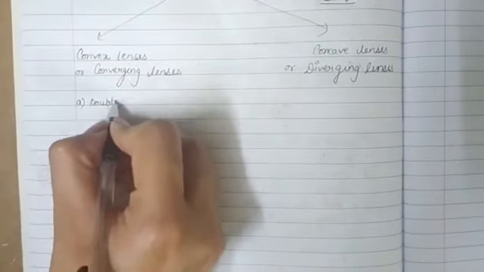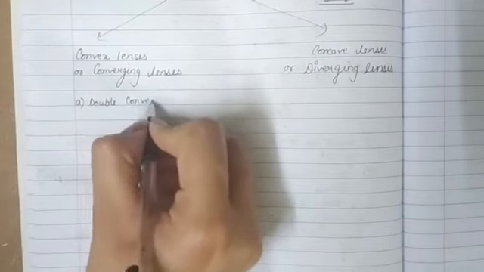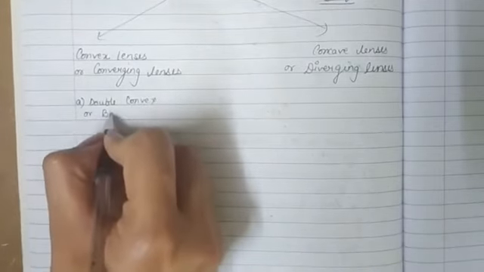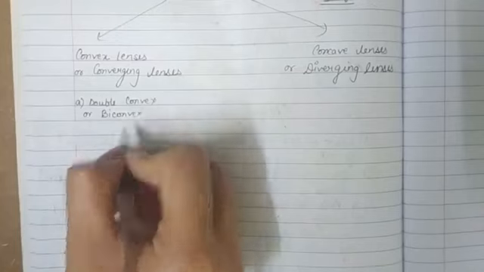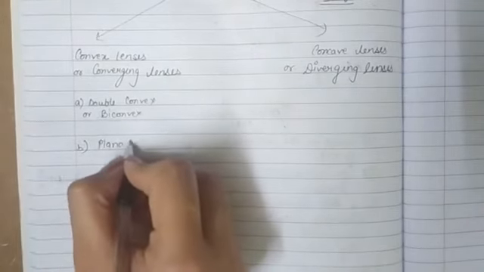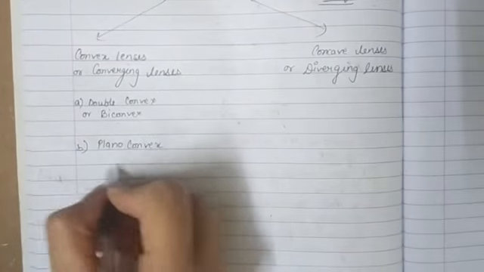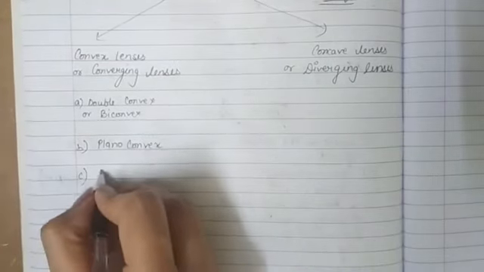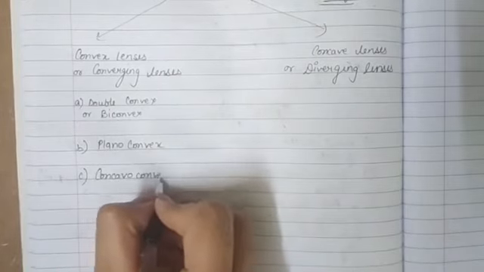So for convex lens, the types are double convex or biconvex. Second is plano-convex, and the third one is concavo-convex.